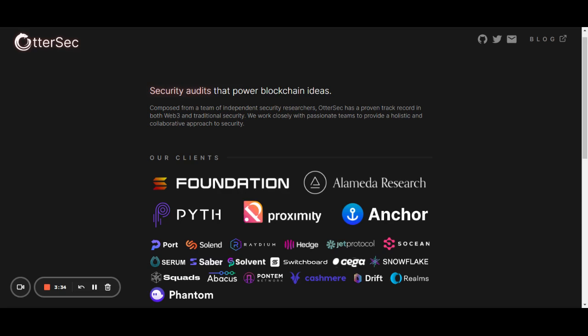That makes sense. I think it's interesting from a point of view that if you get an audit, it's kind of social proof that you're not putting malicious code into your own smart contracts, right? Yeah, exactly.